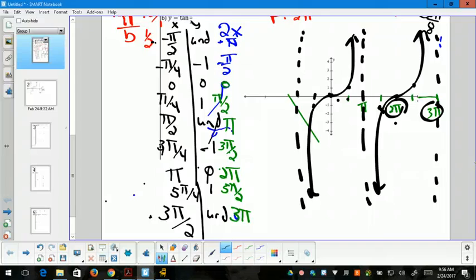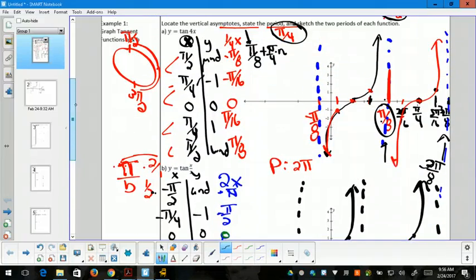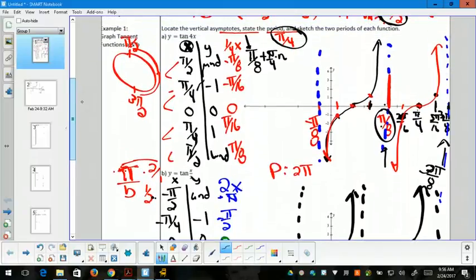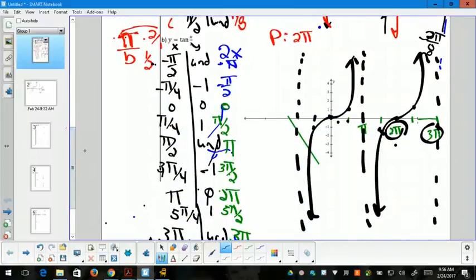The one thing I think we forgot to do was state the period, which we already did, but we also were supposed to state the vertical asymptotes. Right now they're happening every pi units. So the vertical asymptotes are at pi, plus 2 pi, because that's the period, plus 2 pi n.